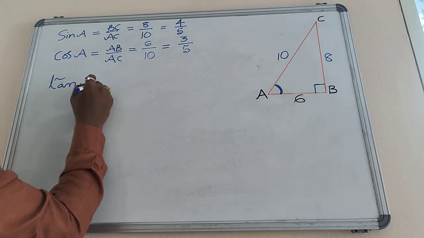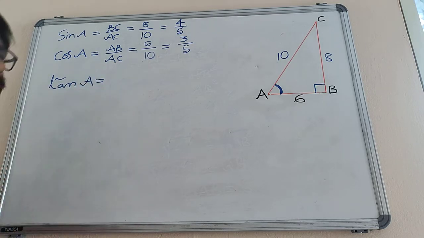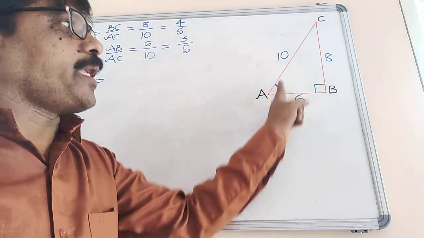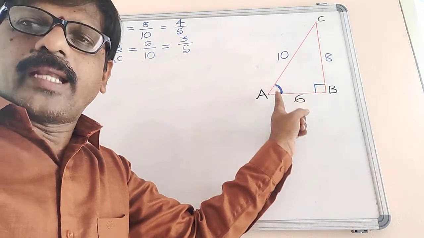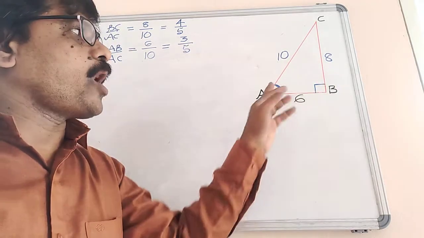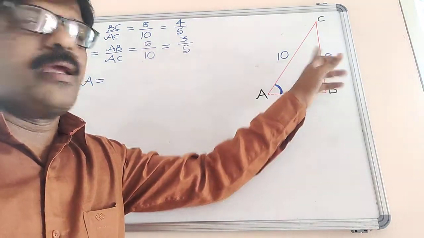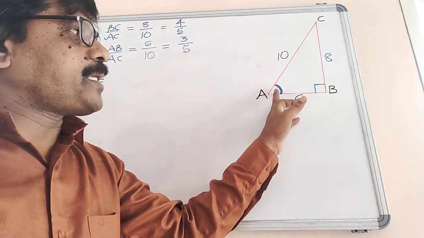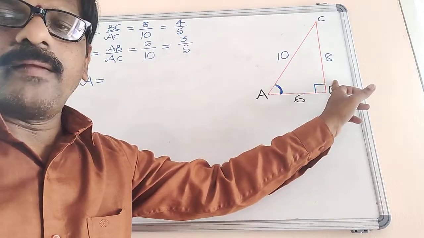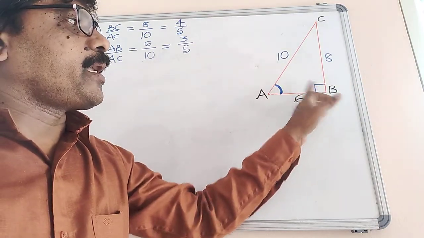Now, the next one is tan A. Tan A అంటే ఏం చెప్పుకున్నాం? Opposite side to A by adjacent side to A. That means tan. Tan అంటే ఏంటి? Opposite side to A by adjacent side to A. A కి opposite side ఏంటి మనకి? BC. A కి adjacent side ఏంటి మనకి? AB.